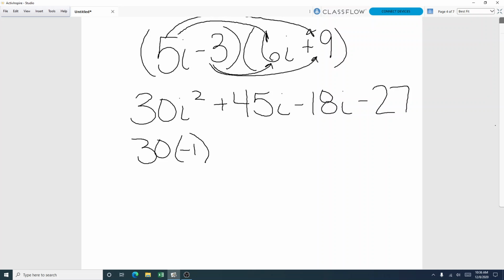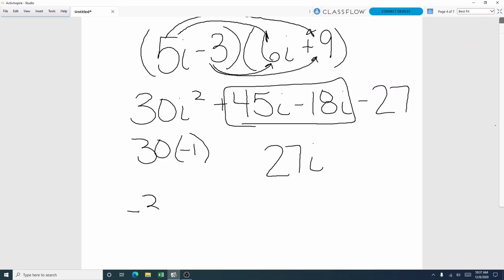times -1. Now, I can also combine here. What's 45i minus 18i? 27i. Okay. So I'm going to write this all out. I have -30 plus 27i, but I still have that -27. Is there anything I can still combine?